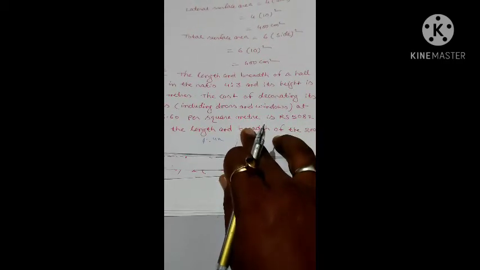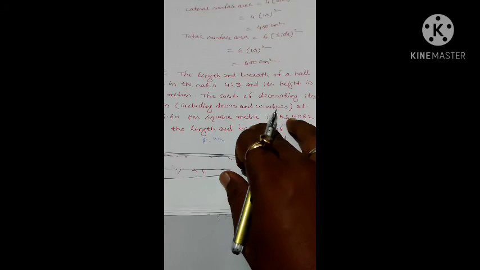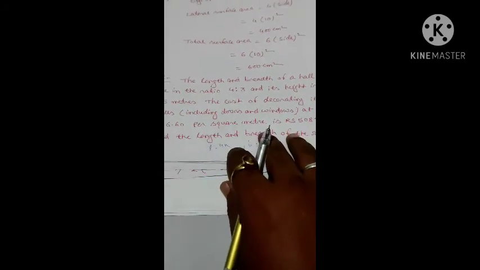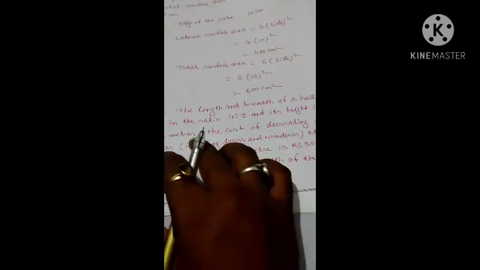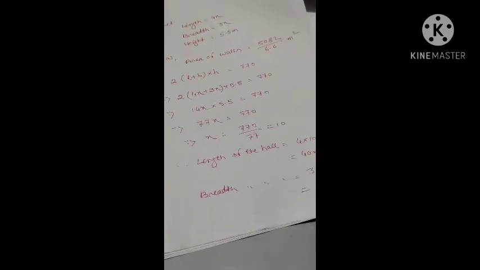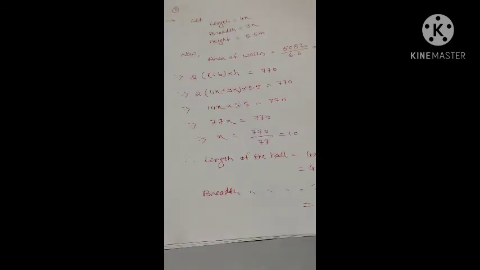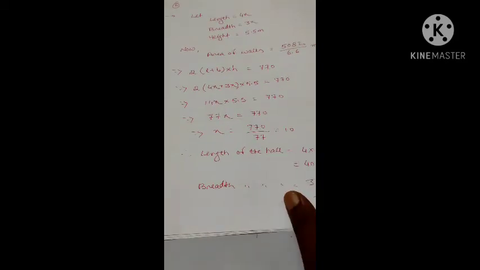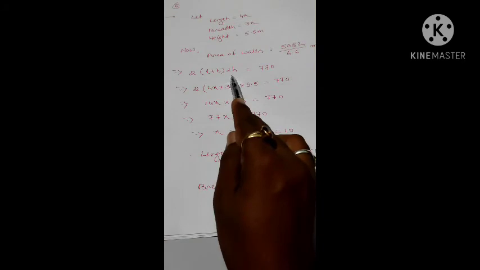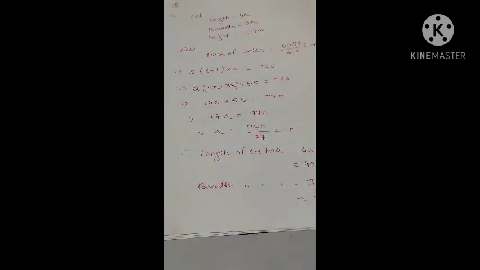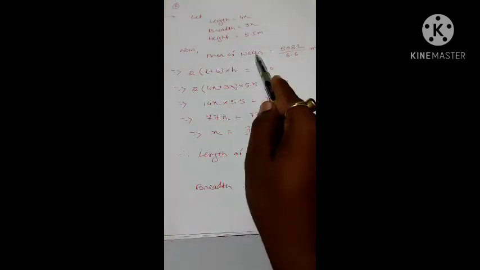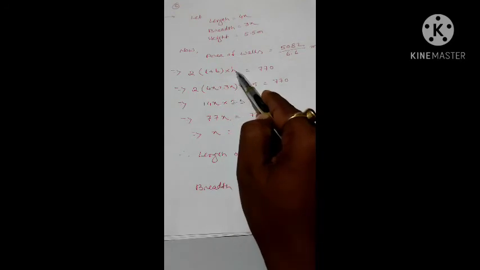As we have discussed, if we divide the total cost by the rate, we will get the area of 4 walls. So we got the area of 4 walls and the dimensions of length, breadth and height. Although we got the dimensions in terms of x, by putting the values in the given formula, we can get the value of x. As we know, the area of 4 walls is 2 into (length plus breadth) into height.